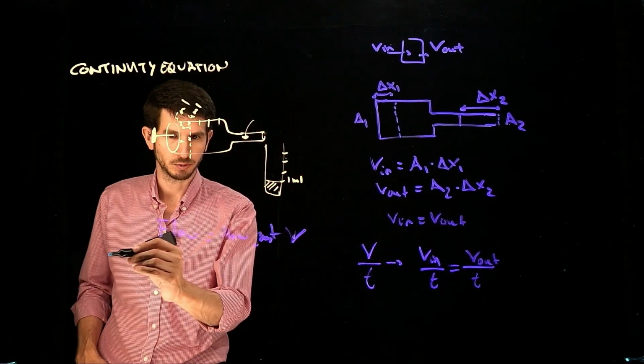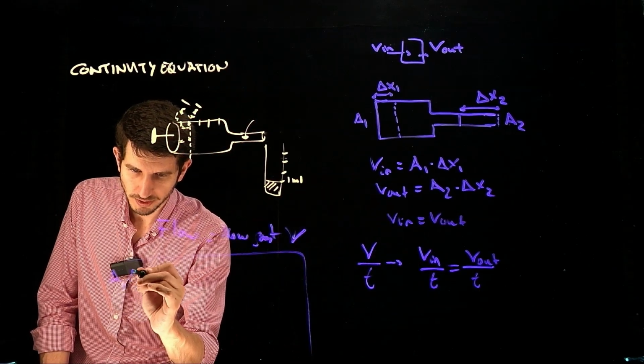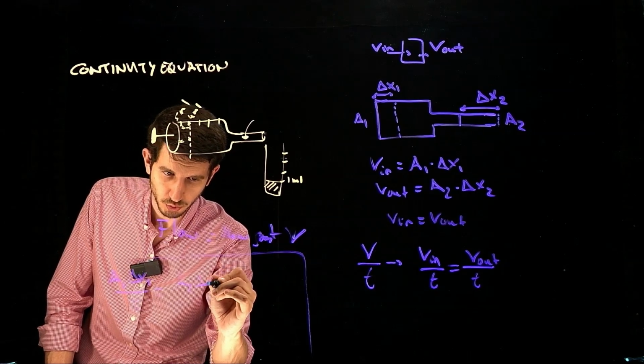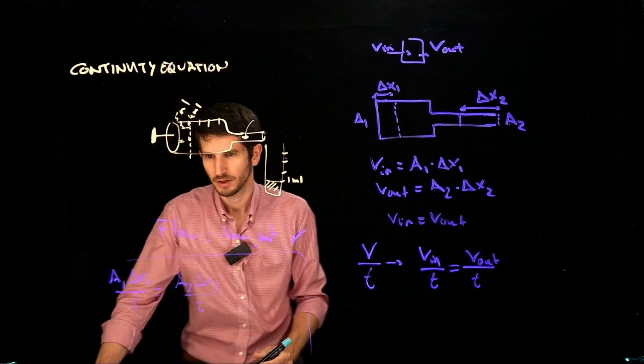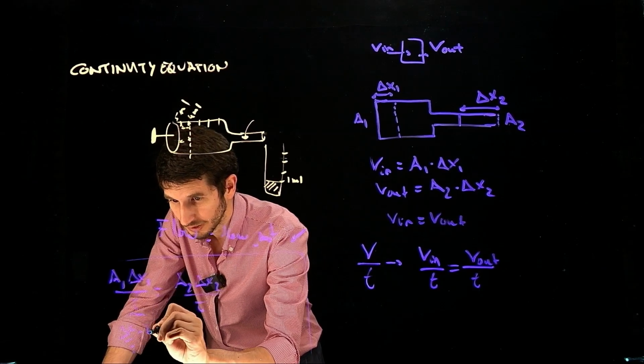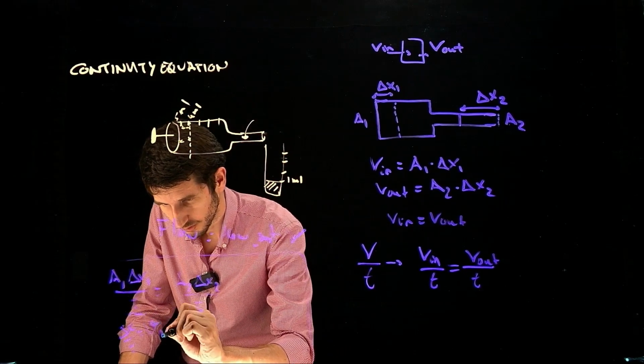And so let's continue over here. I can just write A1 delta x1 divided by t is equal to A2 delta x2 divided by t. But how much is delta x1 over t? Well, that's the velocity, which we're going to call v1.